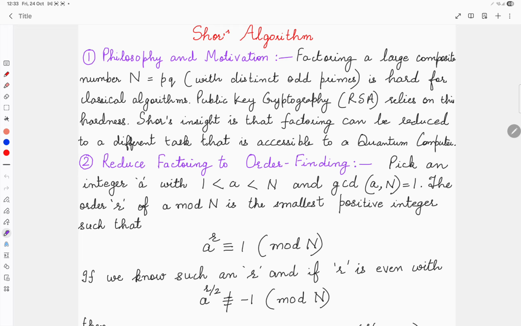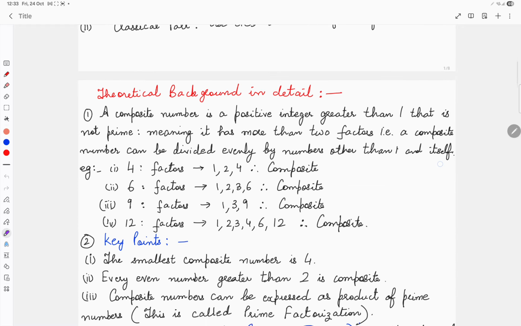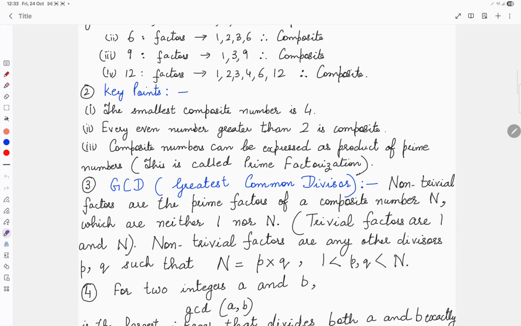That means we want to find out these two factors of a composite number capital N. Composite numbers can be expressed as a product of prime numbers, and factoring a composite number into prime factors is known as prime factorization. So this is the goal of Shor's algorithm: prime factorization, factoring a large composite number into its prime factors.